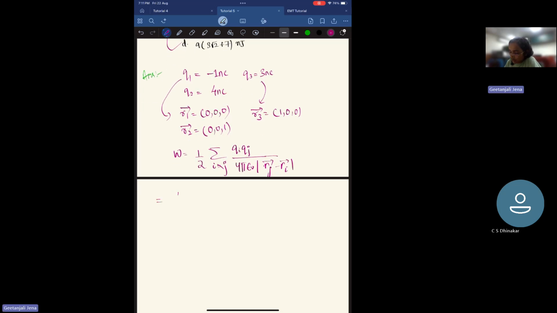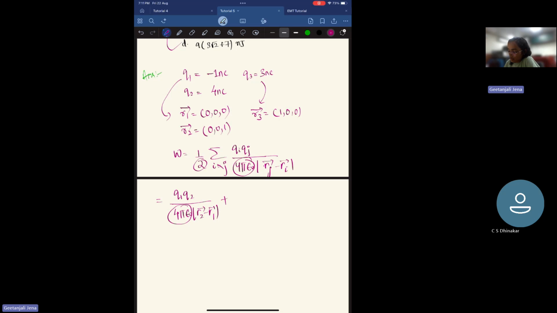You can take this as Q1 Q2 over 4 pi epsilon naught mod of R2 minus R1. This is one term. The other term will be Q2 Q1. This will add up and we'll get 2 times Q1 Q2. So this will become 4 pi epsilon. Previously we had 8 pi epsilon.